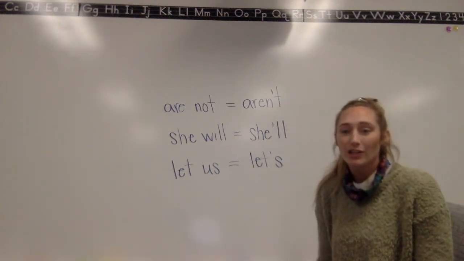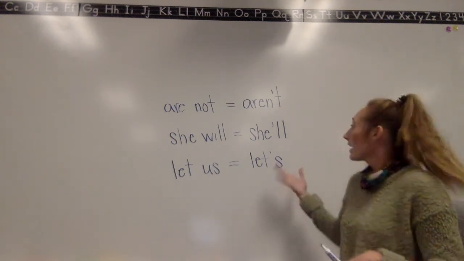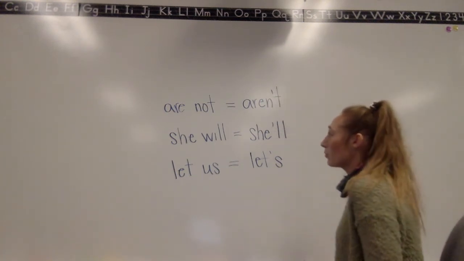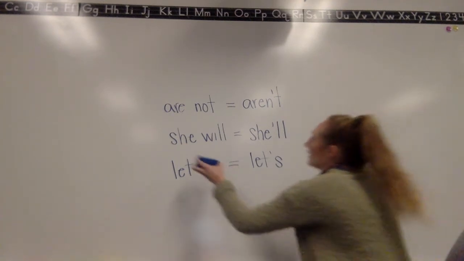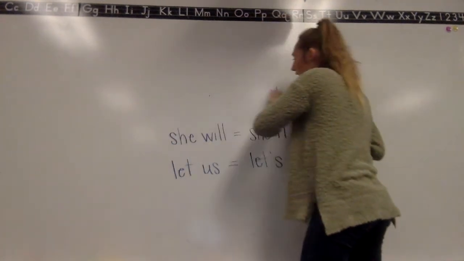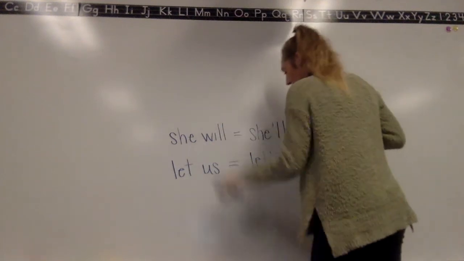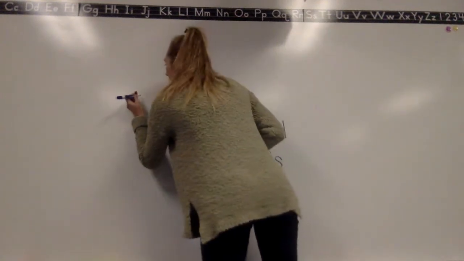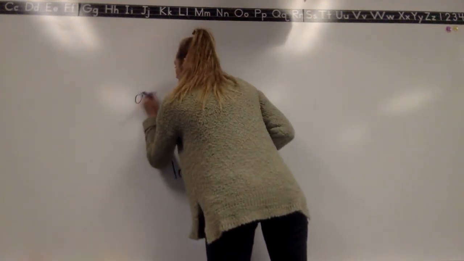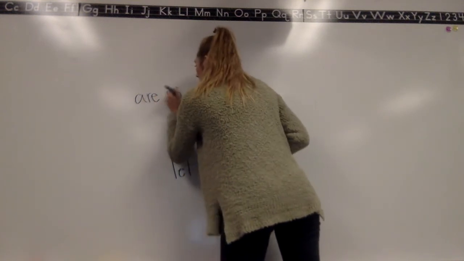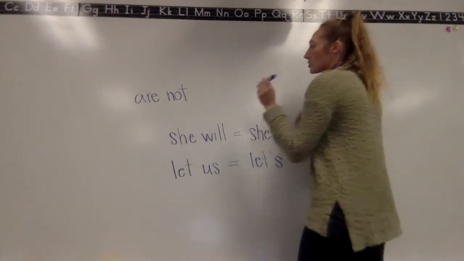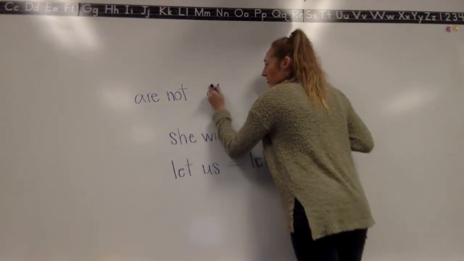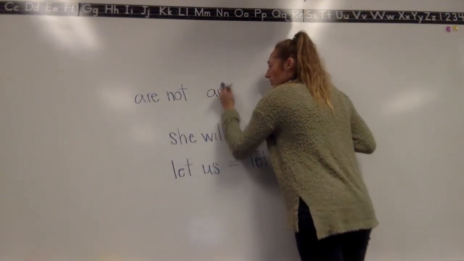So notice that in contractions, there are apostrophes. This is where we actually take letters out and we replace them with apostrophes. So let me read you are not so you can see. Are not. Okay? And it is actually spelled as a contraction, aren't.